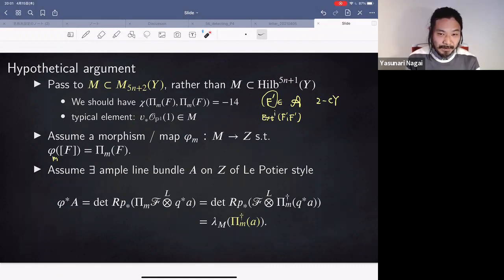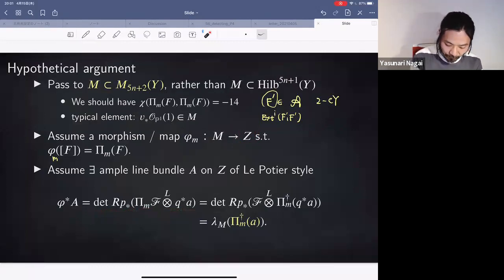And moreover, this is a hypothetical argument, so we just assume that there is an ample line bundle on the target space, Z, of Lupotier style. That means an ample line bundle should be of this form, because we assume that Z is the moduli space of projected objects.